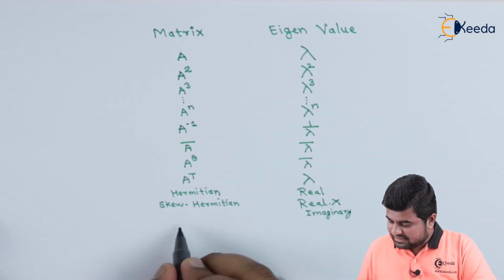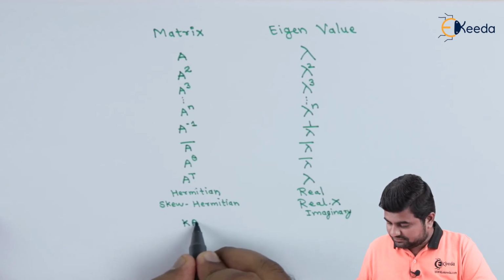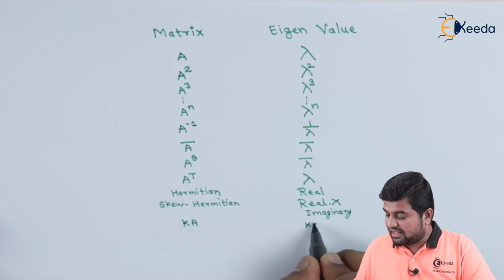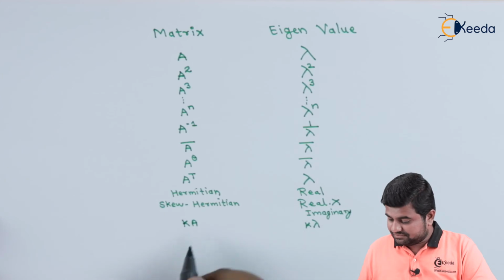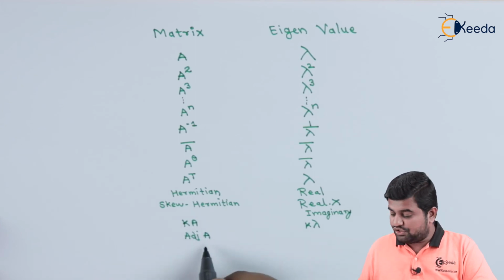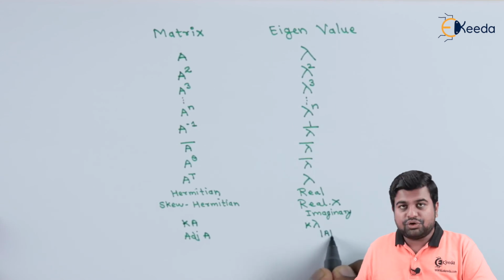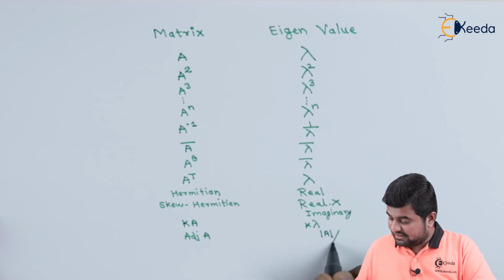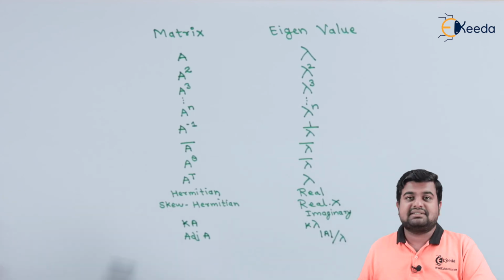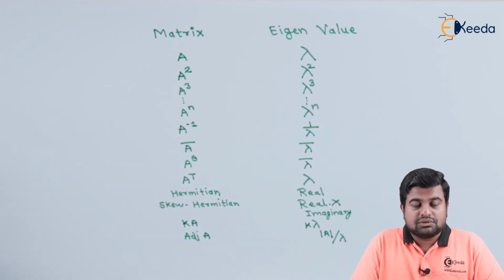If we have k into A, we can have k into lambda as the eigenvalue. When we have adjoint of A, which is very important, then we can have modulus A, which is determinant A divided by lambda as its eigenvalue. So this was all about matrix and the eigenvalue and the relation between them.